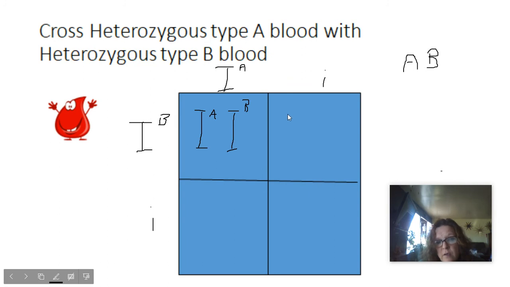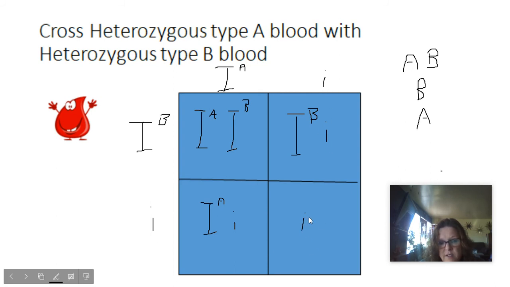Now here you're getting a dominant B from this parent and a recessive from that parent. So you're going to have type B blood, be heterozygous for type B blood. Here you're getting an A from this parent and a recessive allele from this parent. So you're going to have type A blood. Now here, look what's going to happen.